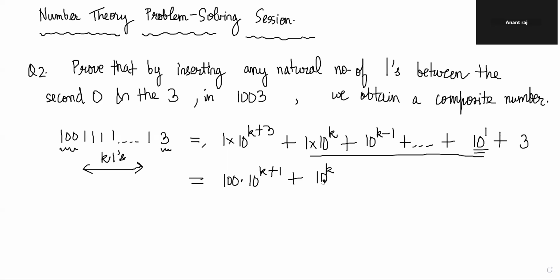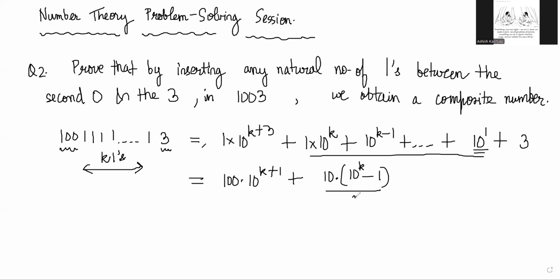So the GP sum can be done. We'll say a into r to the power n minus 1, so 10 power k minus 1 divided by 10 minus 1, right? Do you understand what I'm saying? Yes, sir. Plus 3.